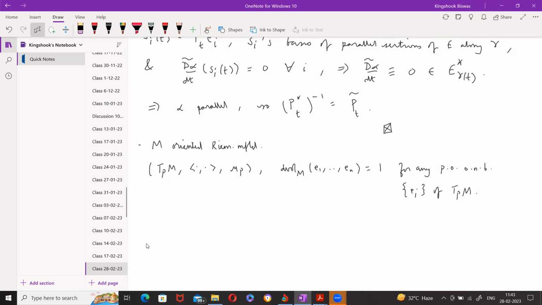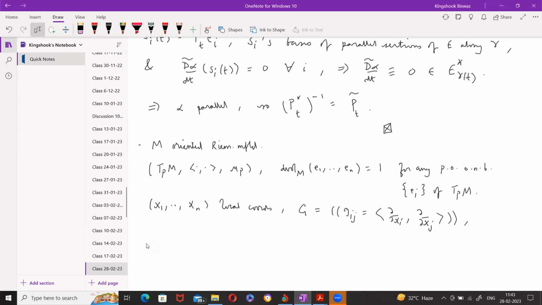Okay. And we saw that if x1 to xn are local coordinates and G is the matrix of the Riemannian metric, so G_ij is the inner product of d/dx_i and d/dx_j. So these are smooth functions in a neighborhood of p.